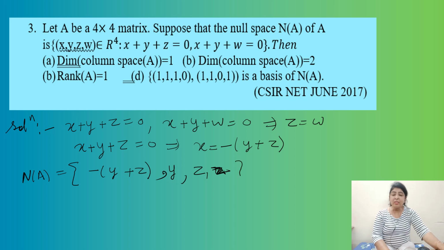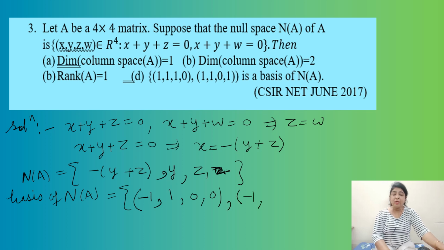So from this expression we can find the basis for the null space. The basis of the null space will be, from here you can see that the coefficient of y is (minus 1, 1, 0, 0), and again the coefficient of z is (minus 1, 0, 1, 1).